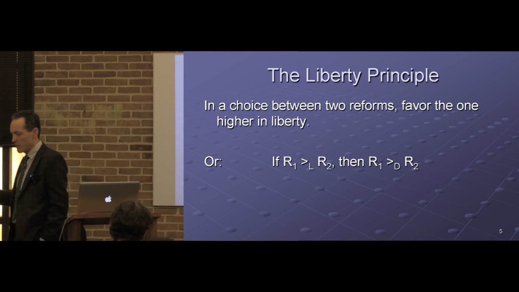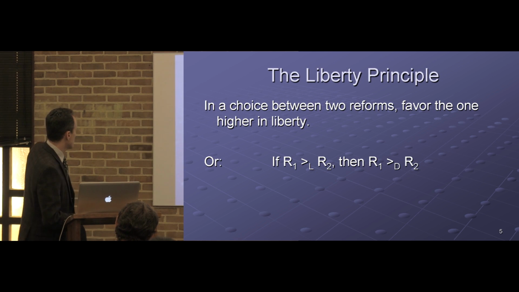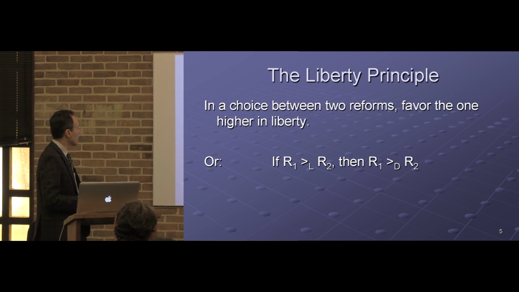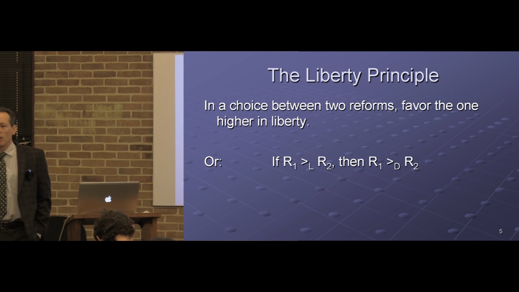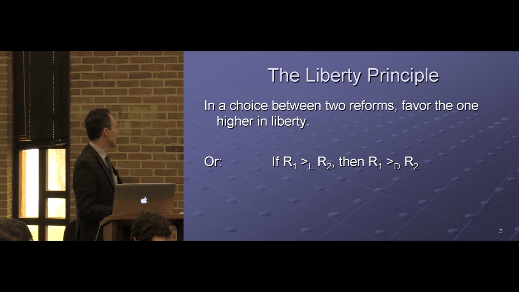So these R's here might also just be no reform, the status quo. This is all anchored in the status quo. And this is a simple operator here saying that R1 is higher in liberty than the status quo. Reducing the minimum wage would be an augmentation of liberty. Okay? I think that's pretty intuitive.